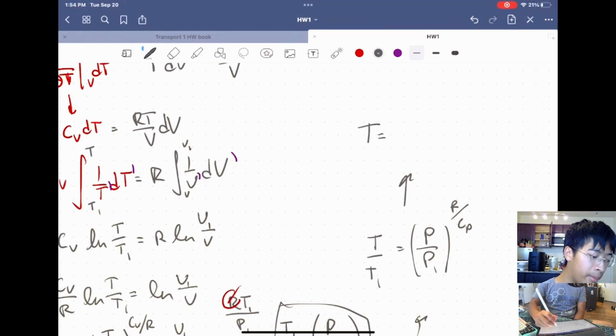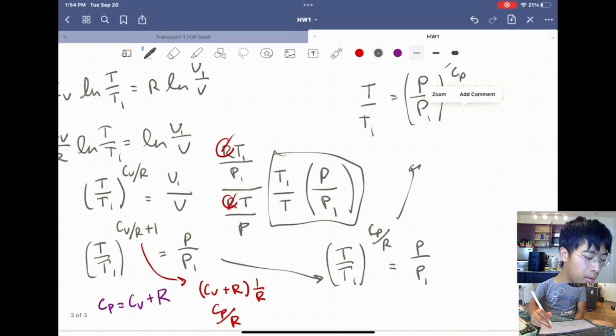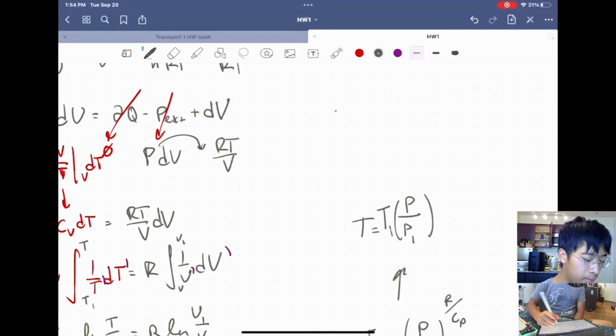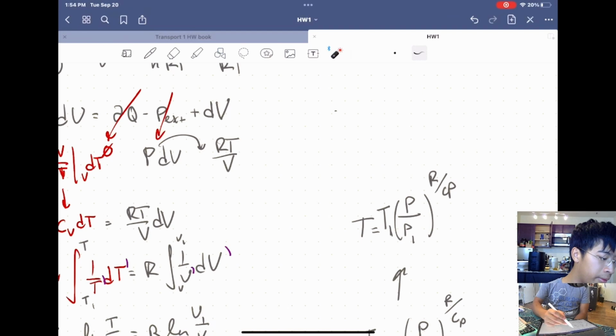So the independent variable temperature is equal to independent variable pressure over a known pressure, multiplied by a known temperature, raised to the power of R over Cp. So here's another useful relationship that we've just derived, and we'll plug it into our differential equation above.